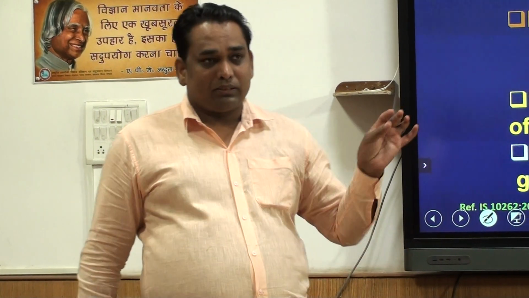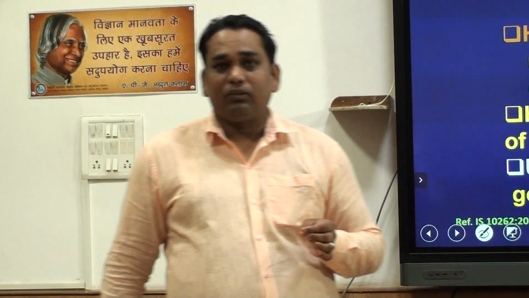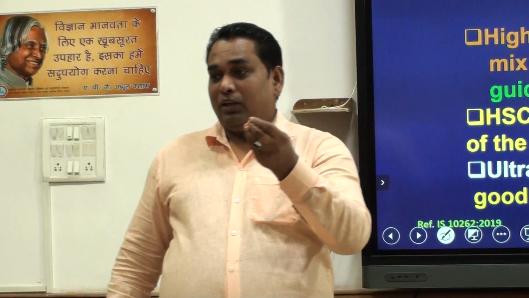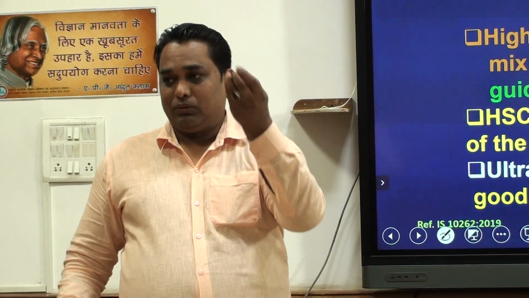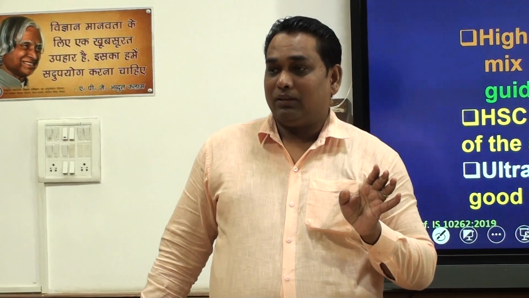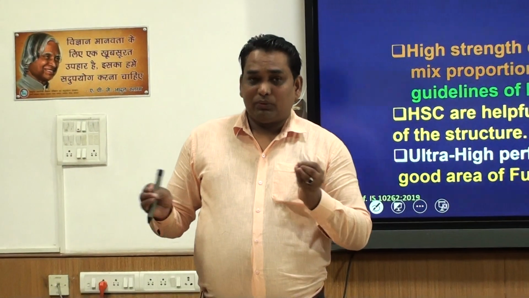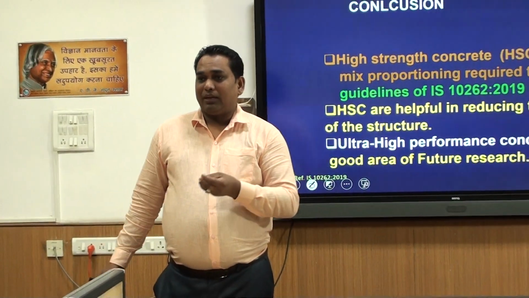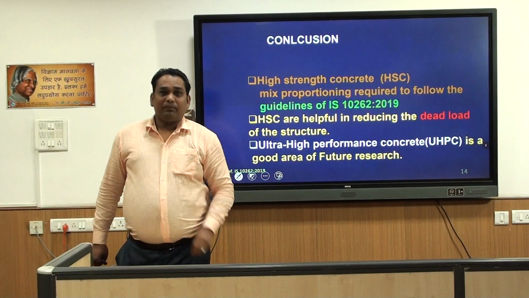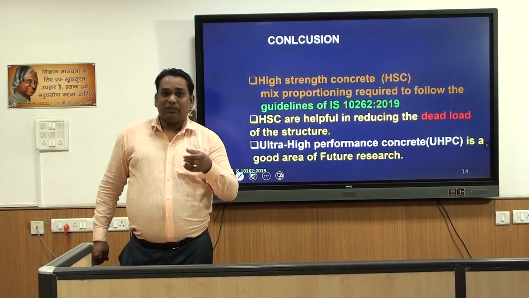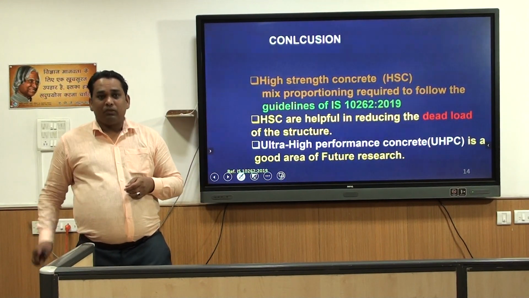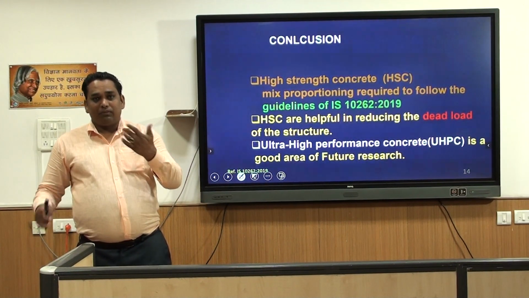I want to share something about it also. Suppose this is a slab. Now what is happening? We are using steel bars, but in this concrete no bars are required. We are adding some fibers, steel fibers or other types of fibers, and that will take care of the compressive strength as well as the tensile strength. So concrete is a vast area of research.